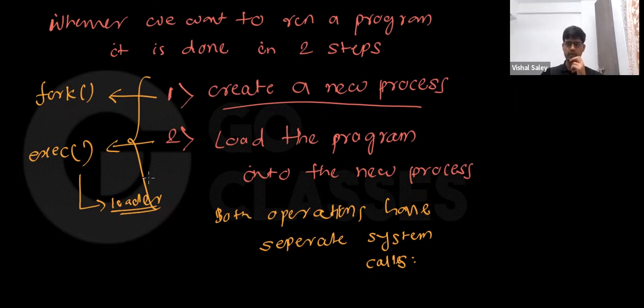Everybody understood what a PCB is and what a process is? Yeah. So if a hardware interrupt occurs, then it runs, right? That is not an issue. If a hardware interrupt occurs, it will go to the IVT and run that particular code. Yeah, that's not a concern.